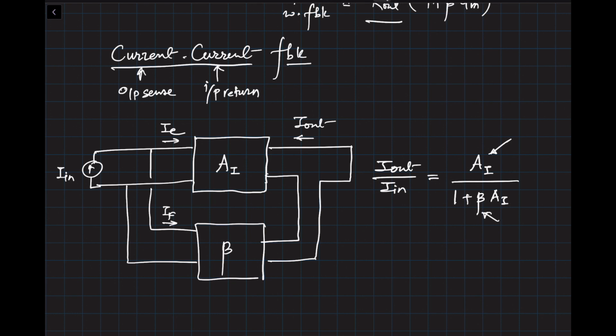Hence, beta in this case will also be a unitless quantity. You can pause the video and try to guess what will happen to input impedance with feedback and output impedance with feedback.